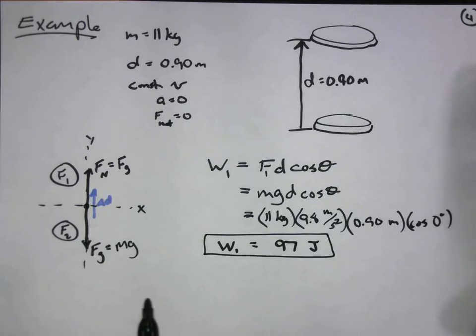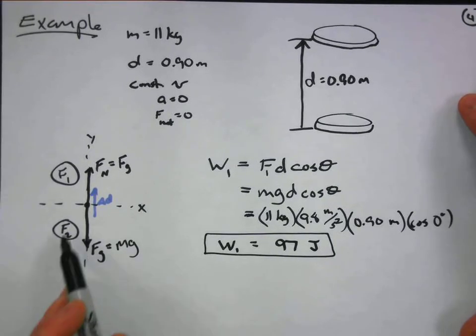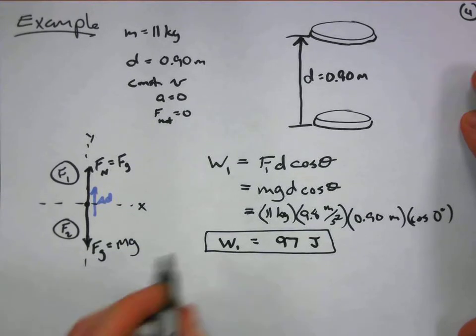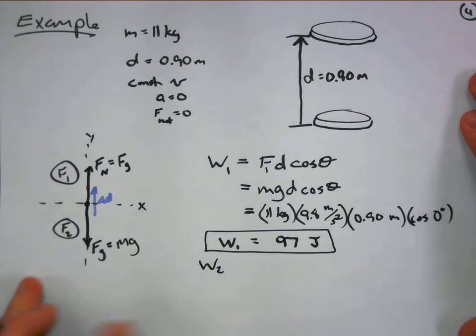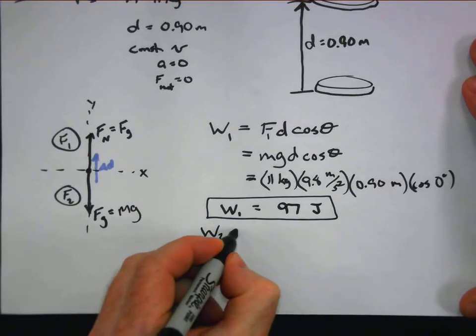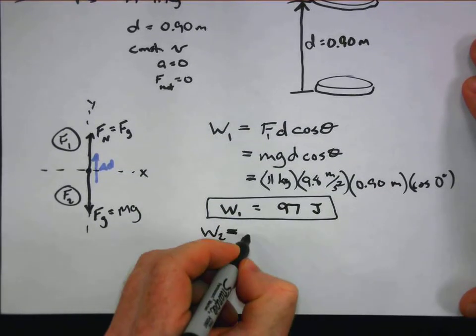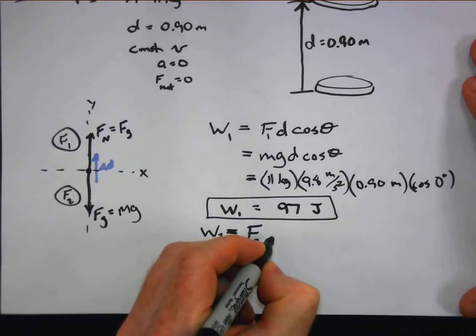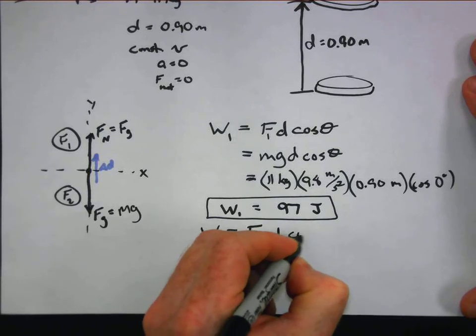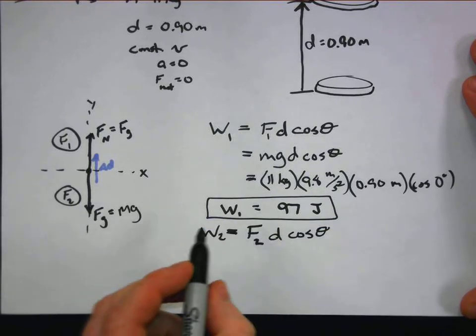So now I also have to find the work done by the other force, force 2, which is gravity. I think I have enough room here. I'll squeeze it in. The work done by force 2 is force 2 times distance traveled times cosine of the angle between them.